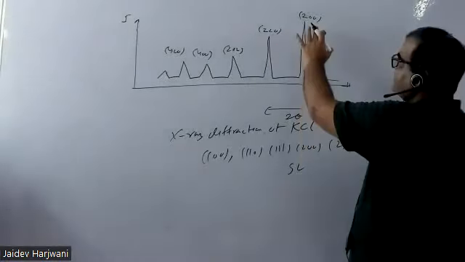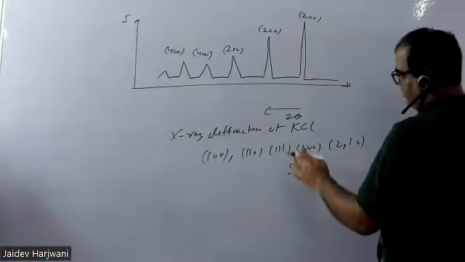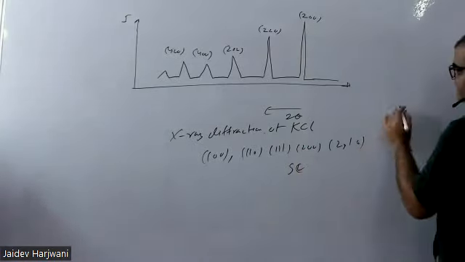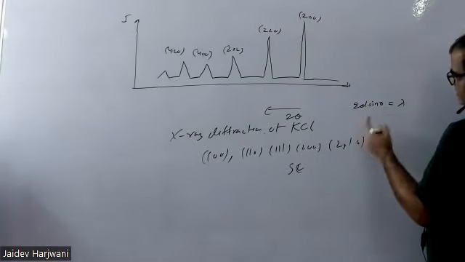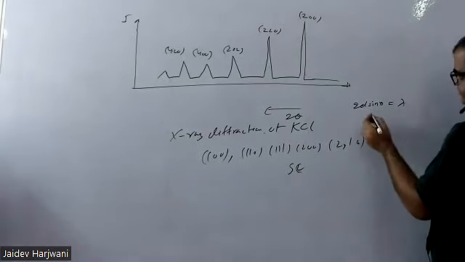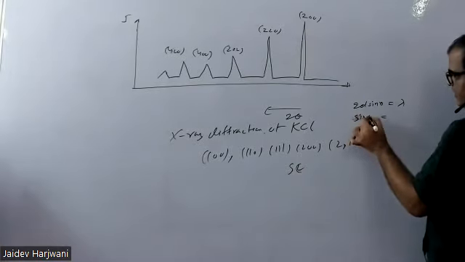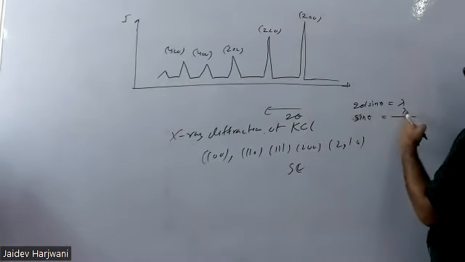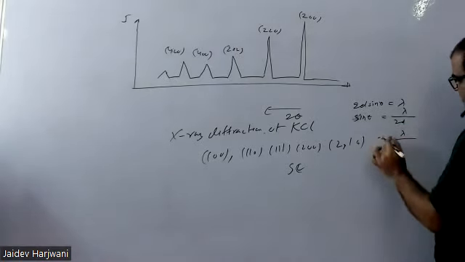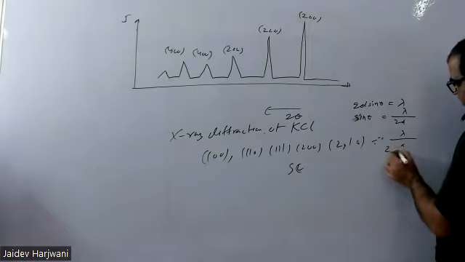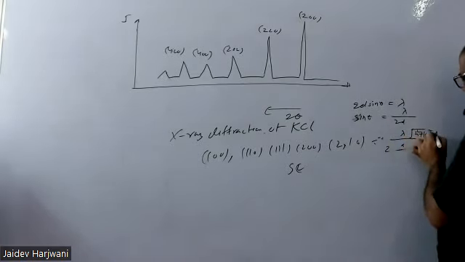Now if you see simple cubic, because 2d sin theta is equal to lambda, if I send d here, sin theta will be lambda upon 2d. And d is a upon the square root of h squared plus k squared plus l squared.